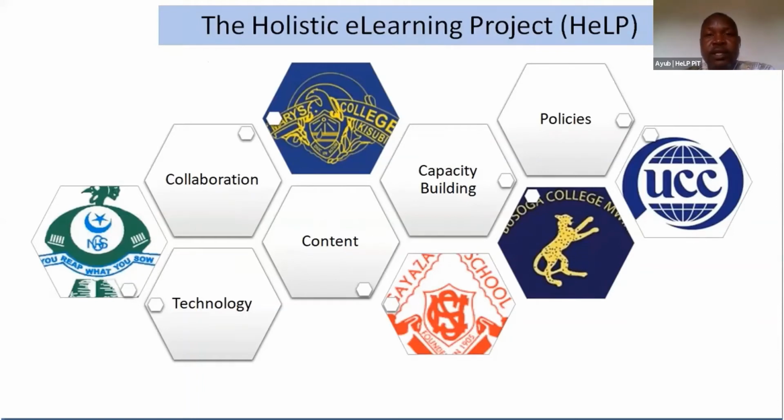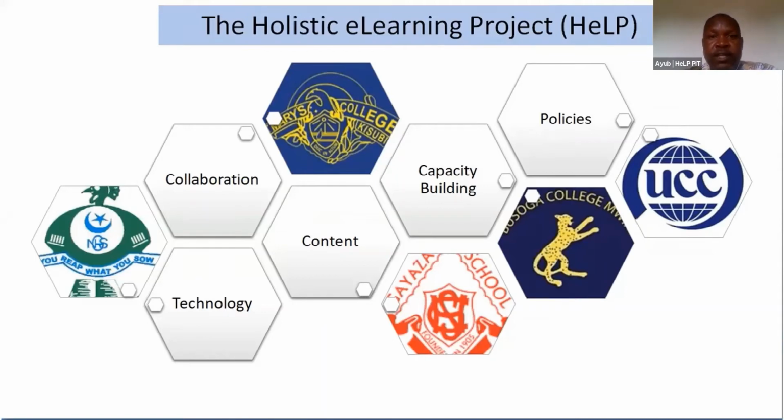The second is to enhance usage of information and communication technologies in teaching and learning. The third is to produce high quality digital content that we can use to enrich the teaching learning process. Fourth is to develop the capacity of educators and schools to deliver high quality training. And finally, to influence policies to create an environment that supports e-learning.